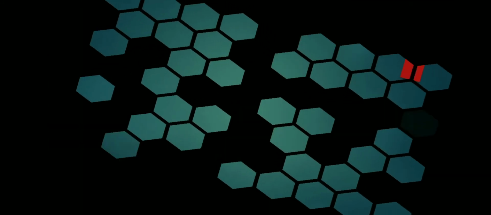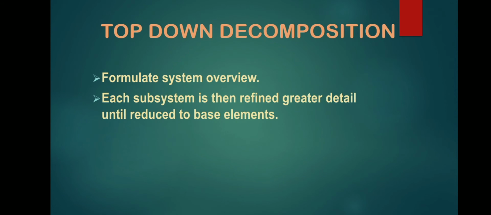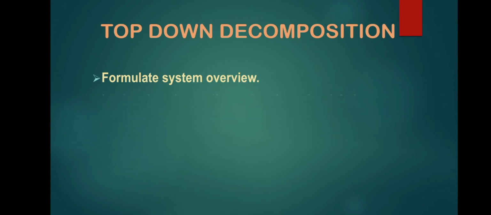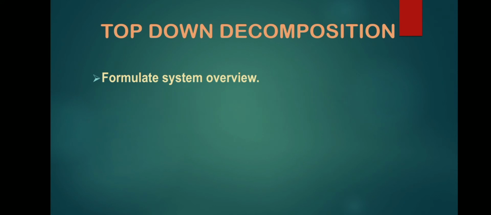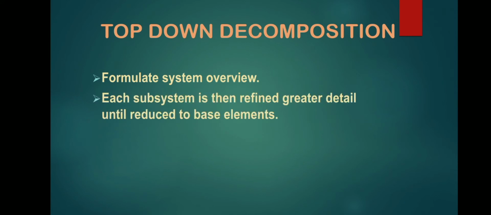In top-down decomposition, an overview of the system is formulated, specifying but not detailing the first-level subsystems. Each subsystem is then refined in yet greater detail, sometimes in many additional subsystem levels, until the entire specification is reduced to base elements.